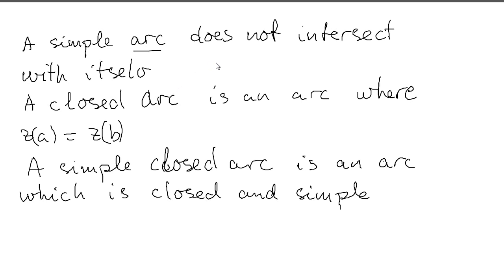So a simple arc does not intersect with itself. A closed arc is an arc where the starting point and the end point are the same point. And a simple closed arc is just an arc which is both closed and simple. So a circle, for example, is a simple and closed arc.